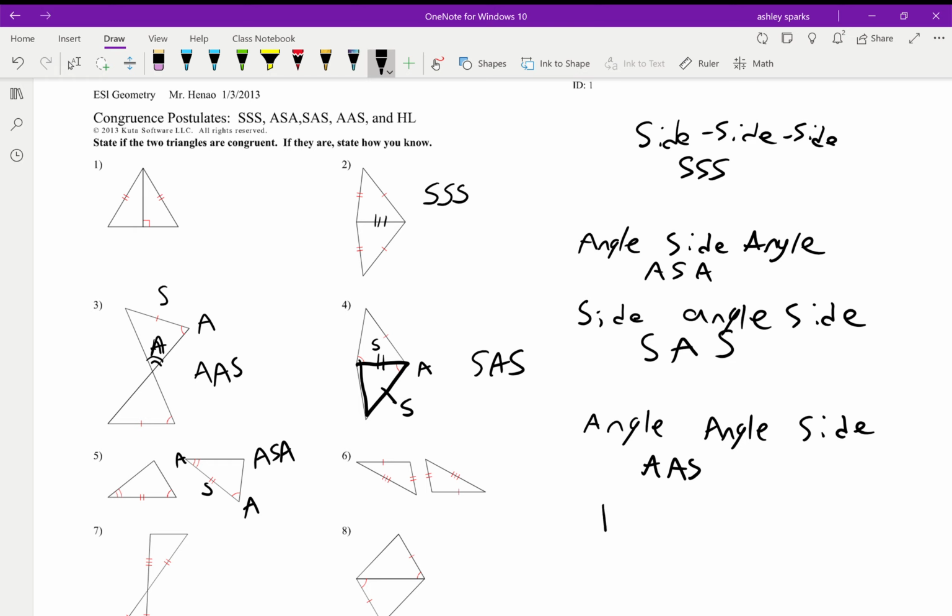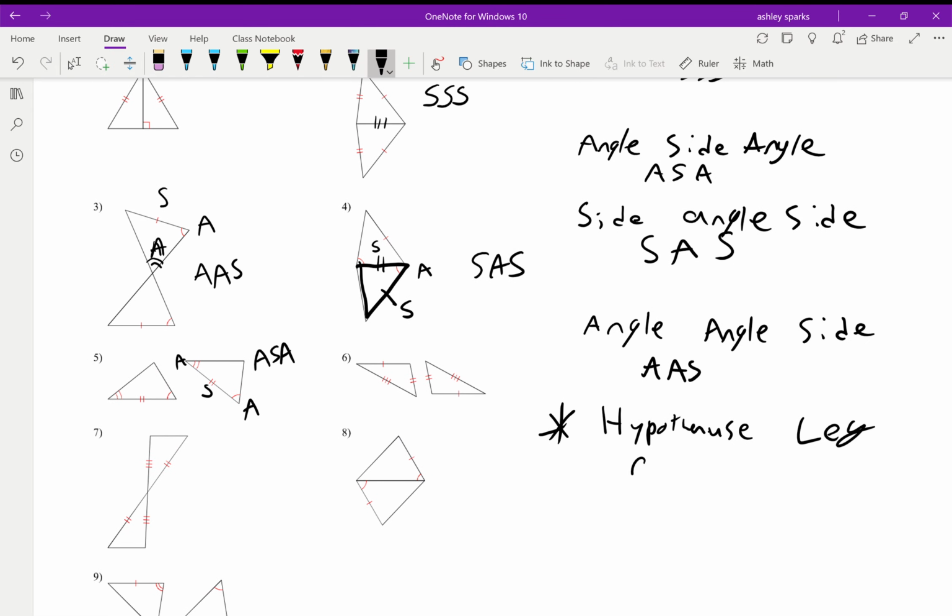And our last one is hypotenuse leg. This one is special. It is only for right triangles. We abbreviate it to just HL.